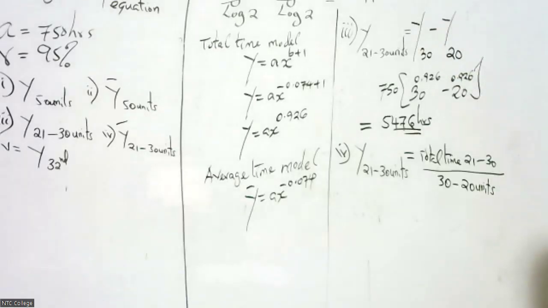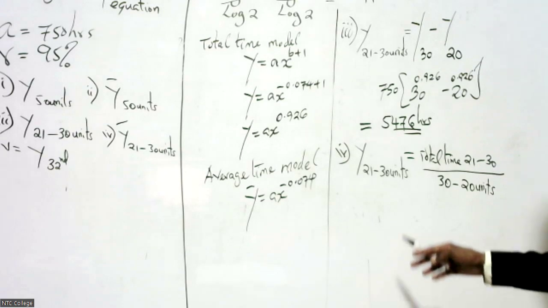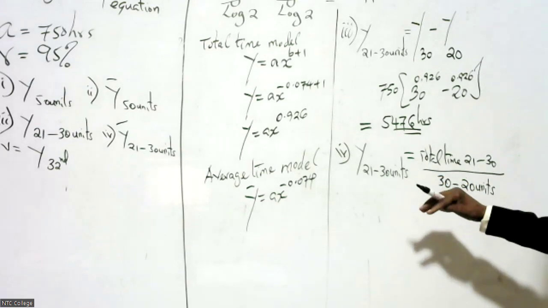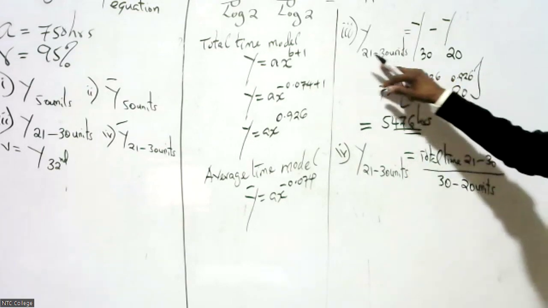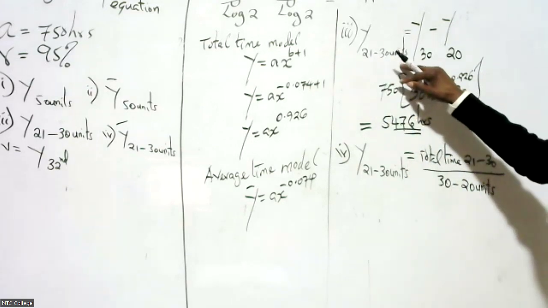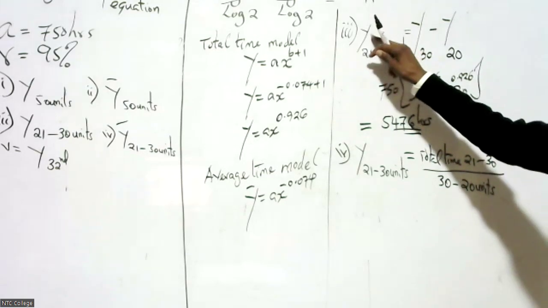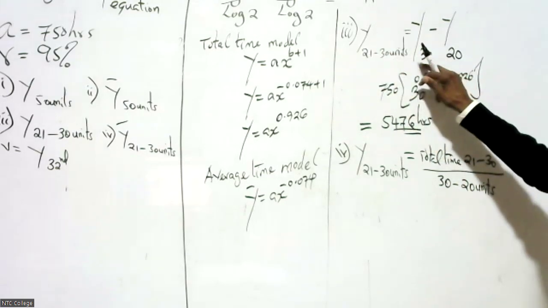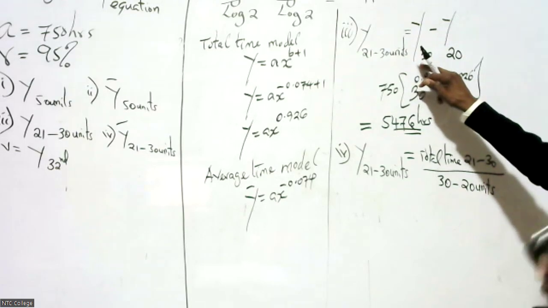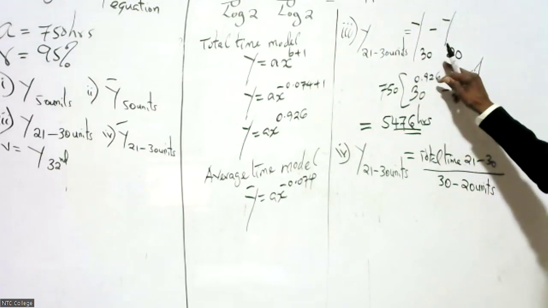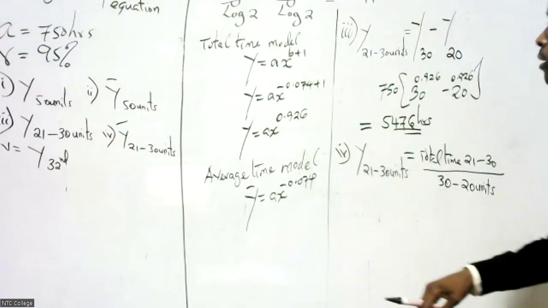Okay. Welcome. So I was saying, when you have been given this particular cumulative units, 21 to 30, total time, you take 30 units, hours to produce 30 units, minus hours to produce 20 units.